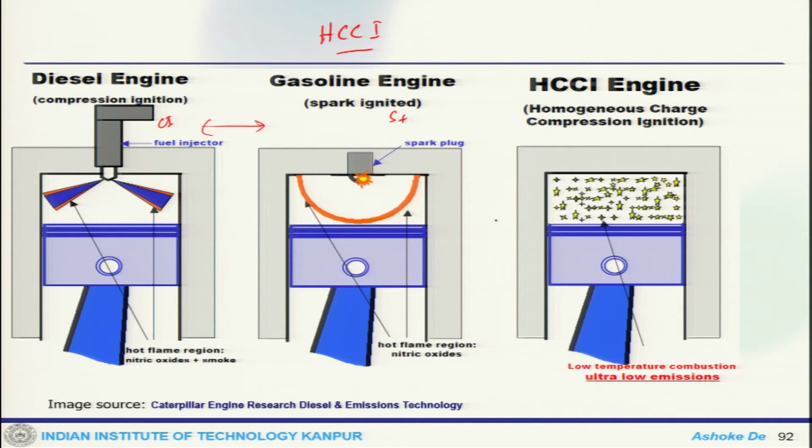That means this allows you to have ultra low emission. So, that is one of the technologies where the industry people are really looking forward, and if this comes in place, that would be a huge advantage from the pollutant formation side.